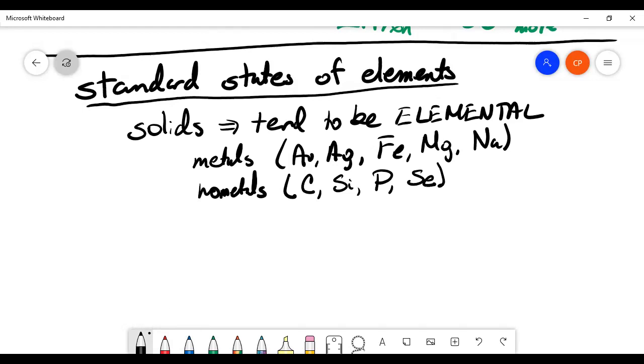Remember, there are only 2 liquids in the periodic table as elements. One of those liquids is a metal, mercury. And we get the symbol of mercury right. There we go. Mercury is a liquid at room temperature, and mercury is elemental. I'll tell you about the other liquid here in a moment.